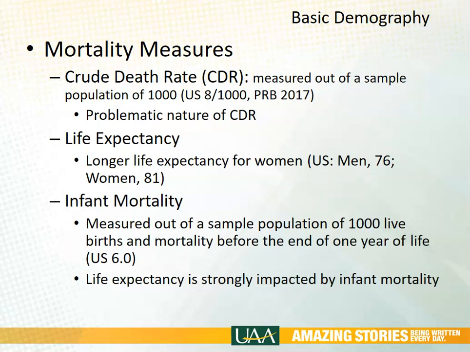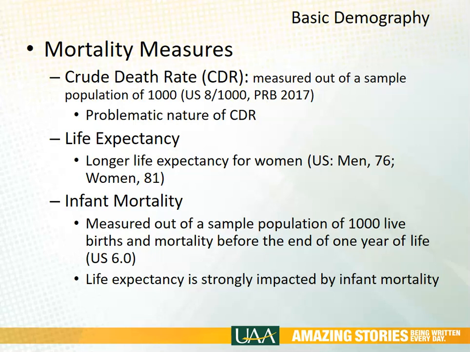We can also look at the crude death rate as well, which again is measured out of the sample population of 1,000. In the United States, for example, 8 people died in a population of 1,000. Again, this can be a problematic number, and we'll see this very clearly on a chart we'll look at in a little bit. It's strongly influenced by how old a population is.